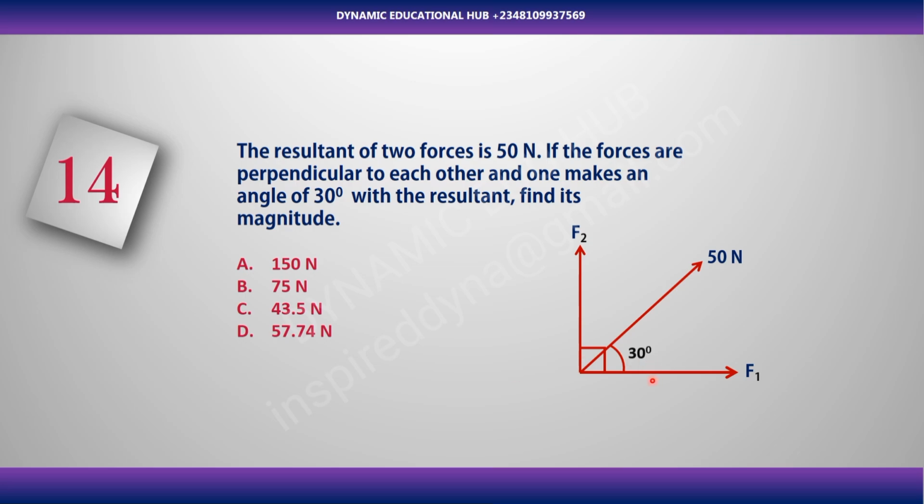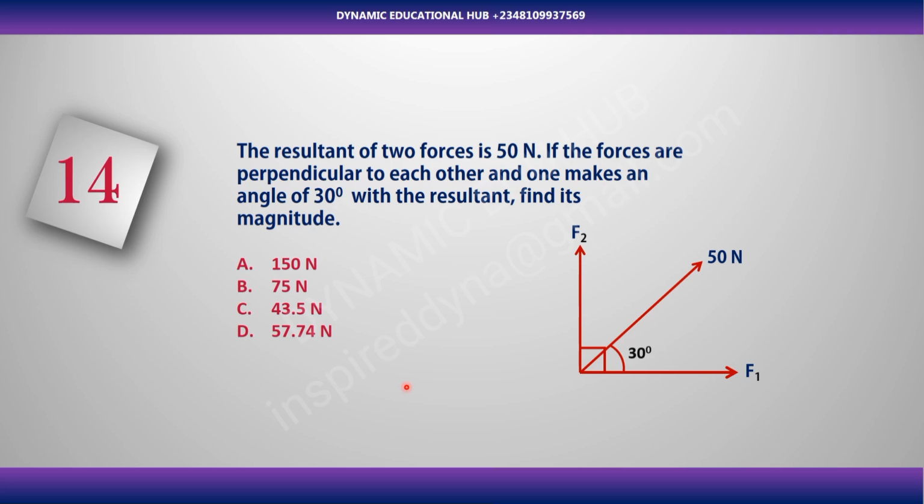It's very simple. We are going to resolve this resultant into vertical components for F2 and horizontal components for F1. Even if you put F2 here and F1 here, you can still solve it. So let's see how to solve it. F1 will be R cos theta. You resolve this one into the horizontal component.